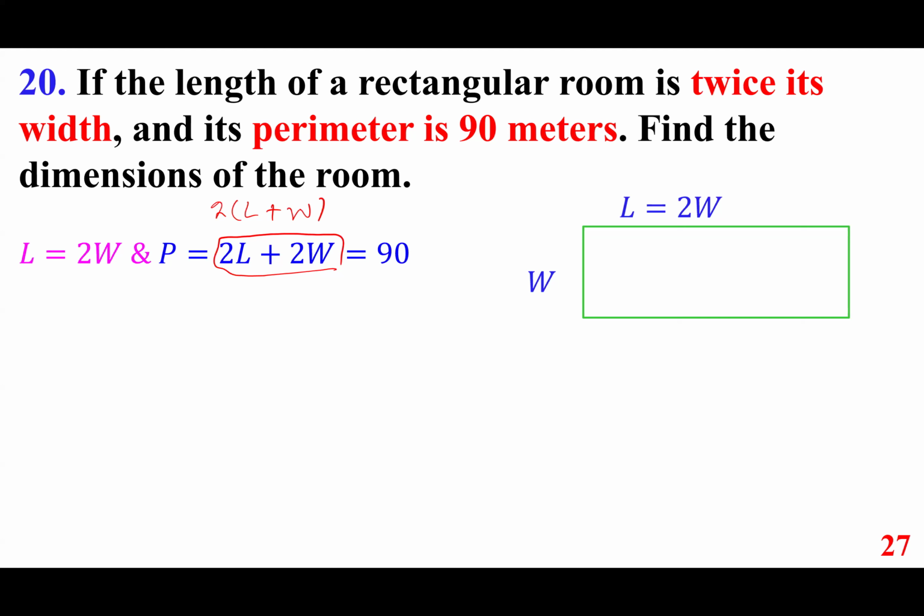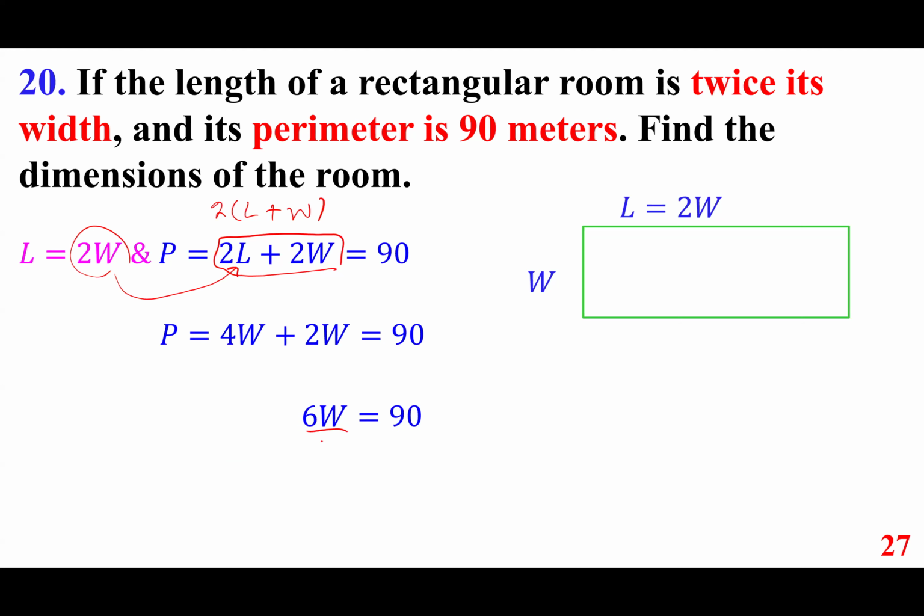And so to solve this, we are going to replace the L with 2W. So 2 times that gives us 4W, 4 and 2, 6W.